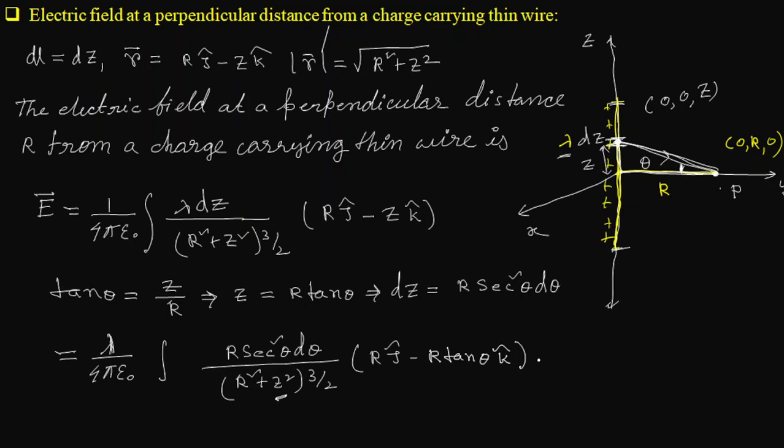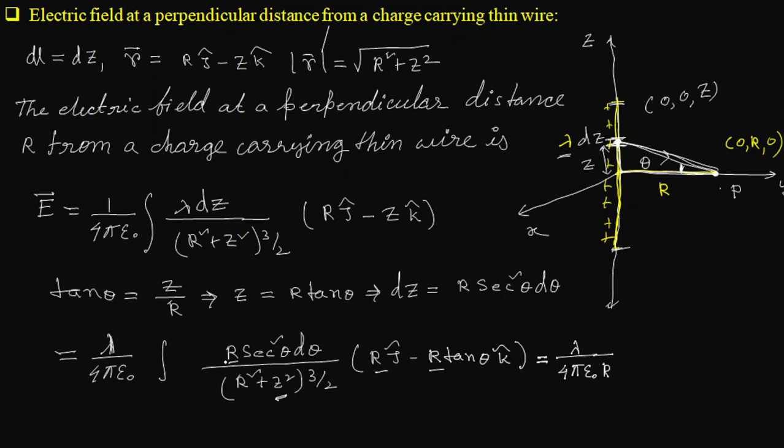To replace this, I am doing it in a little clever way. Let's take r common from here. If we take r common, then we already have one r here, so it will be r square. And if we multiply r in the denominator and numerator, we'll get lambda divided by 4 pi epsilon naught r.